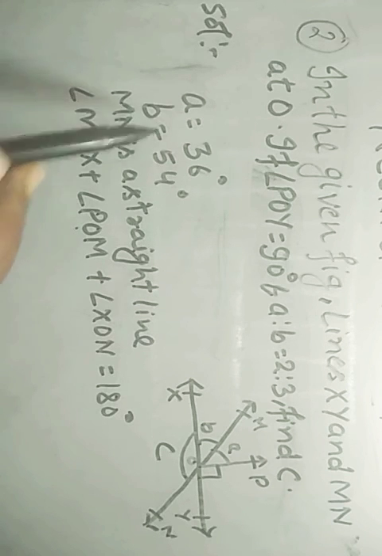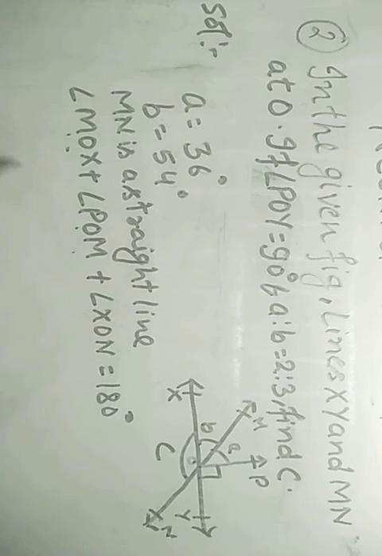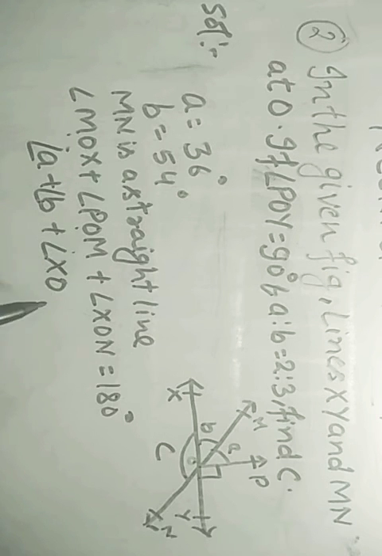Putting the values, MOX is equal to B and POM is equal to A. So we can write angle A plus angle B plus angle XON is equal to 180 degrees.